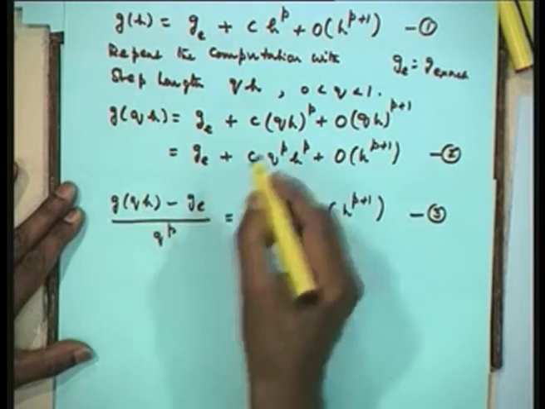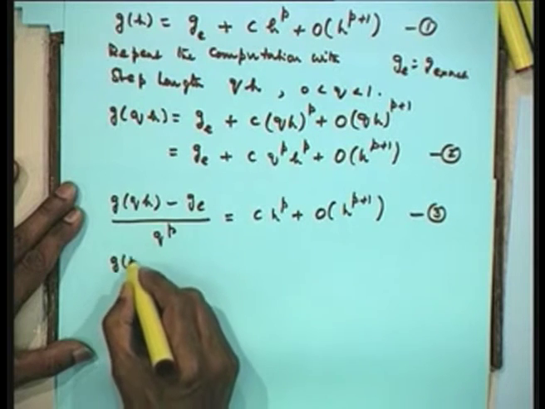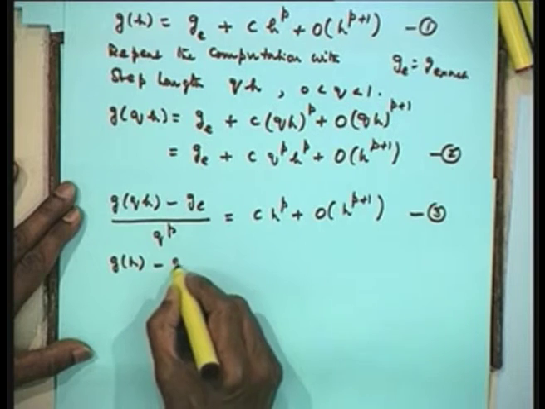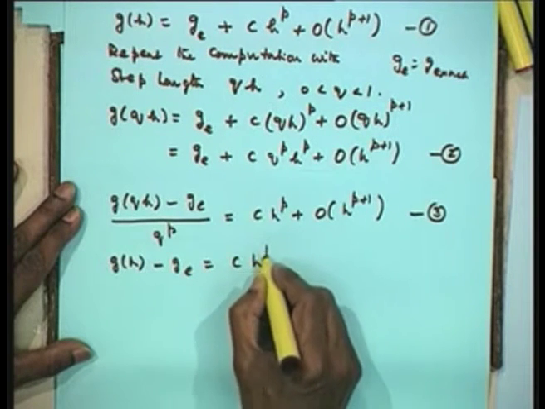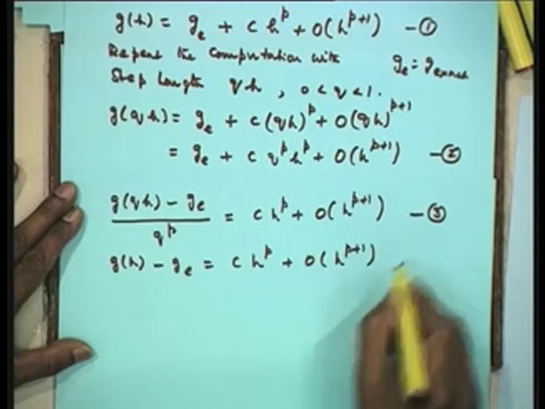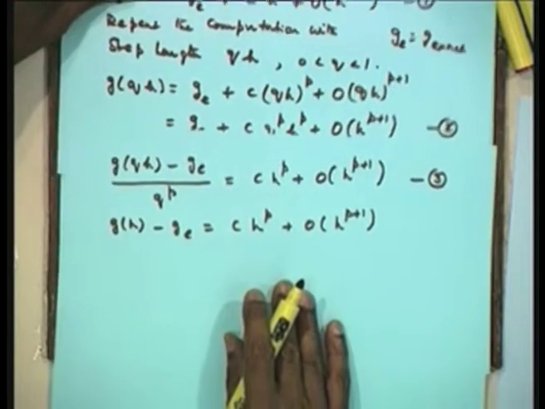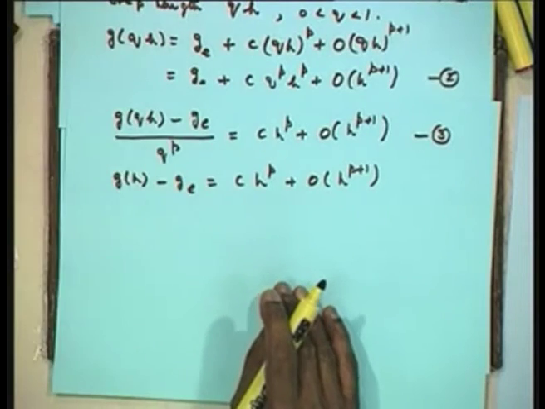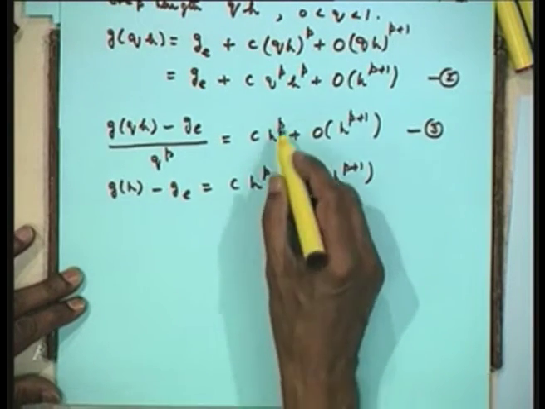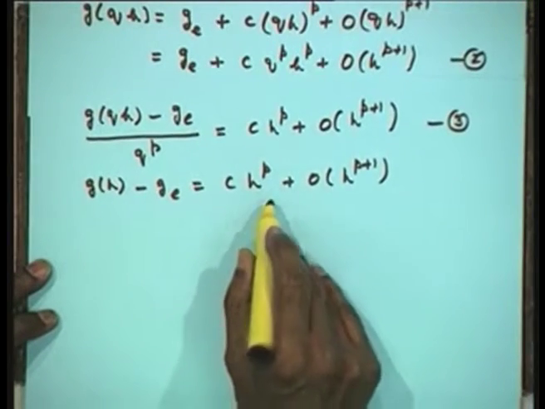Now, let us write down the first equation also again, G of h minus G of e is C h to the power of p plus order of h to the power of p plus 1. Now, if I subtract these two results, then C h to the power of p gets eliminated.